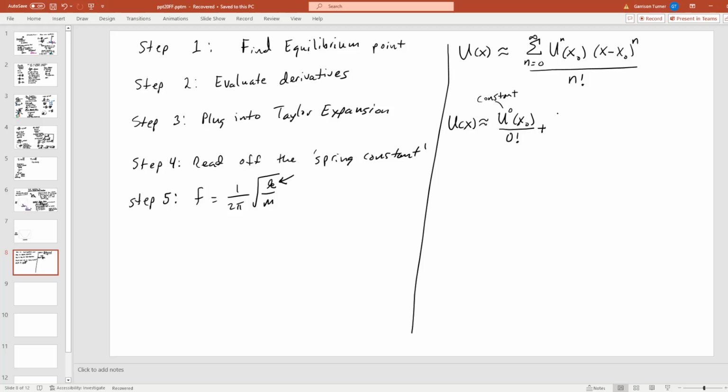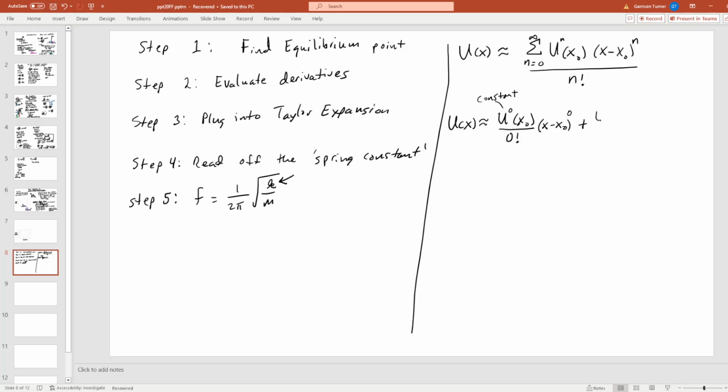And then this is going to be, explicitly, we should write out the fact that this is x minus the equilibrium position to the 0th power, but this is also 1, so it also goes away. Anything to the 0th power is 1, so that's fine.